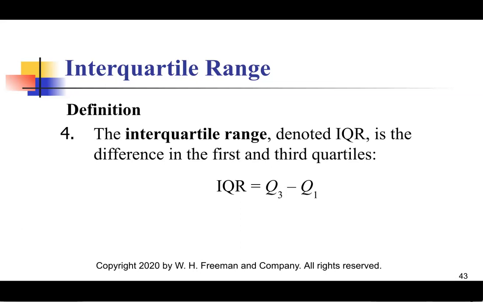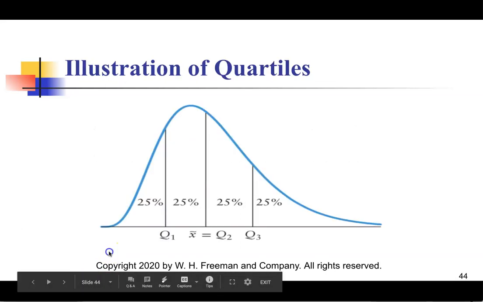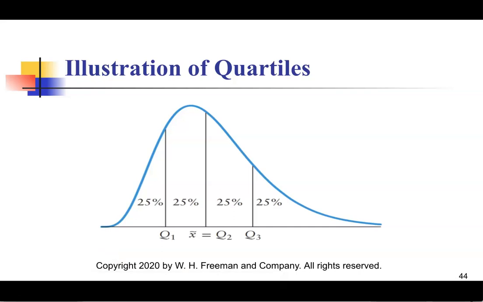But the thing to remember here is it is the middle 50%. The median is going to split your data into two halves, but for the IQR, we're looking at the middle 50%. So from the median down a quarter and the median up a quarter. You can think of the quartiles in this illustration where you have the bottom 25%, marked with your Q1.